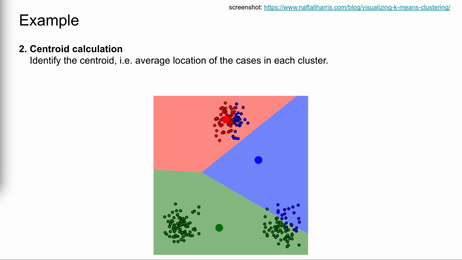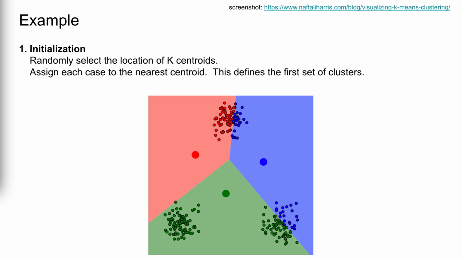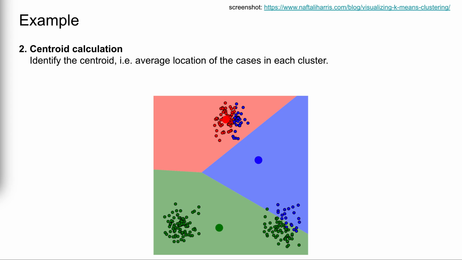Note that if I flip back and forth, these updated centroids are different than the centroids we randomly plunked down in step 1. As such, by shifting the location of the centroids, some of the data points are now closer to the centroids of other clusters. For example, the blue dots at the top of the plot are now closer to the red cluster centroid.